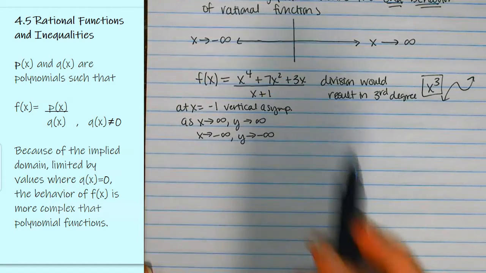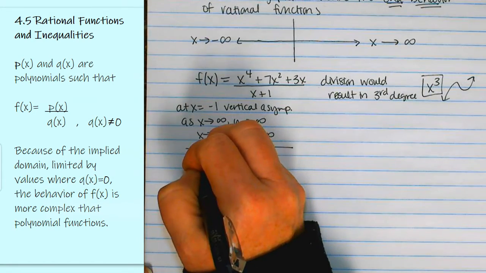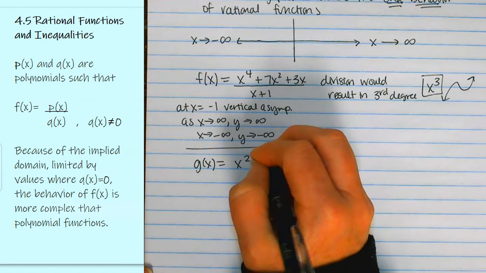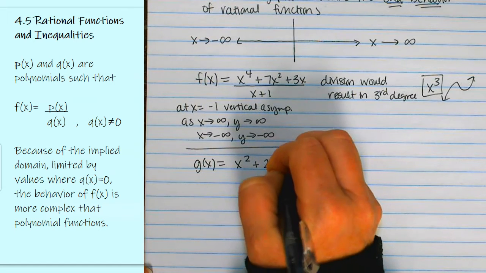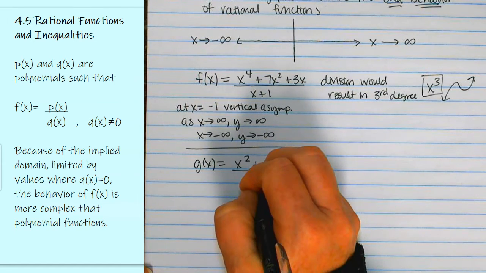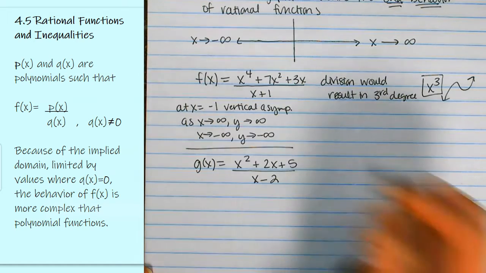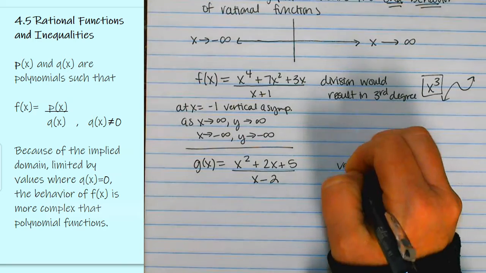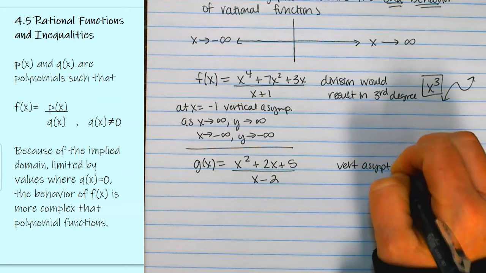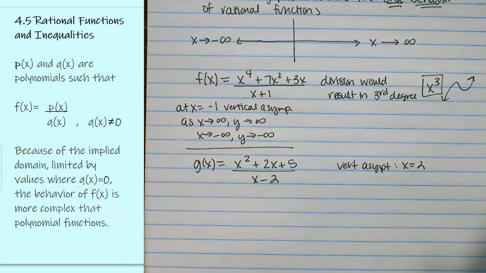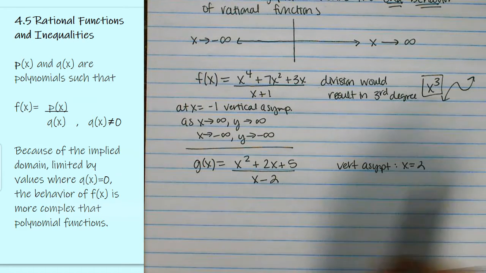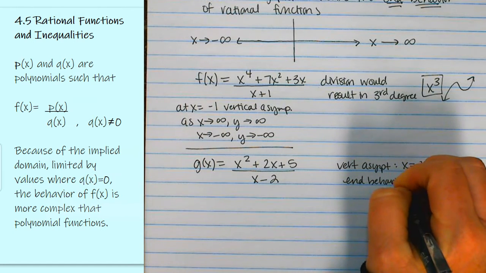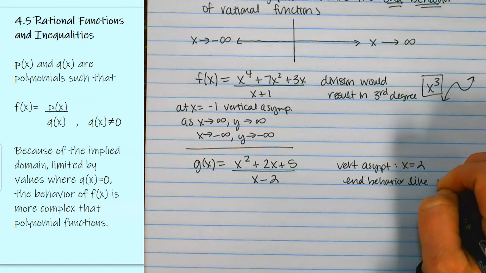So as you would expect, if I had another one, g of x, if it was x squared plus 2x plus 5 over x minus 2, you would expect that our vertical asymptote would be x equals +2 from last night's stuff, and that if we divide x into x squared, we should have end behavior like x to the 1st degree.